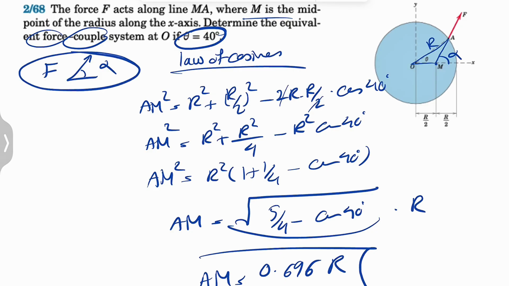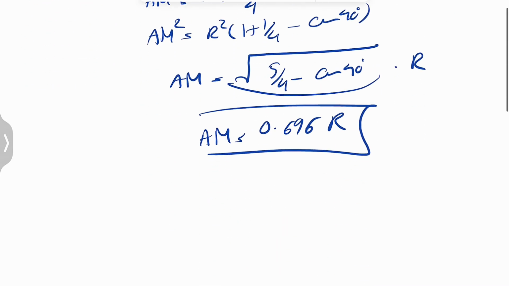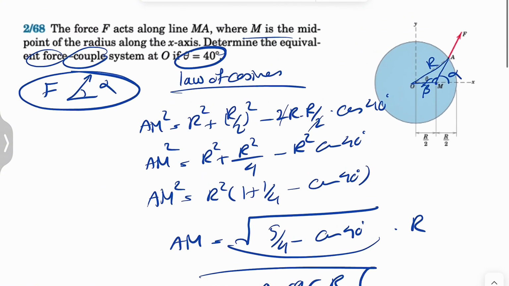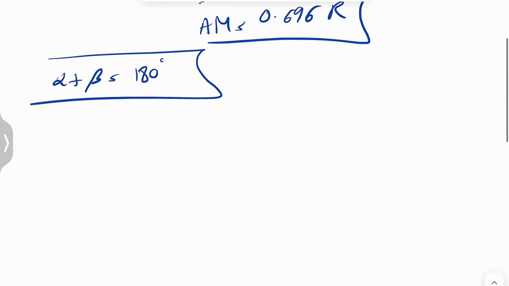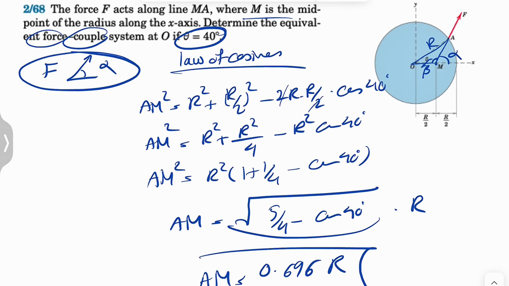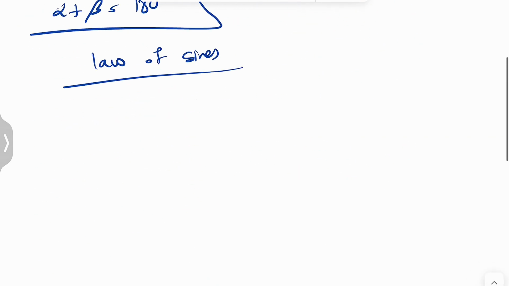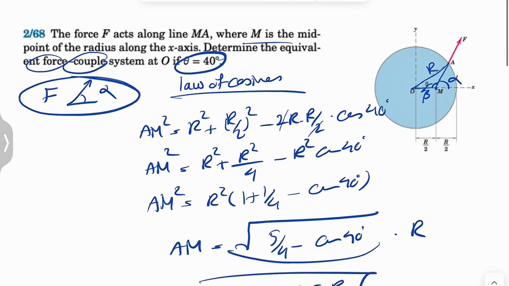All right, now the angle that we are looking for, for the force part, is the angle alpha. If we call this angle here beta, we know alpha plus beta is 180 degrees, since it's a straight line. For finding beta, we're going to use the law of sines. So we have sine of beta over R equals sine of theta, which is 40 degrees, over AM.